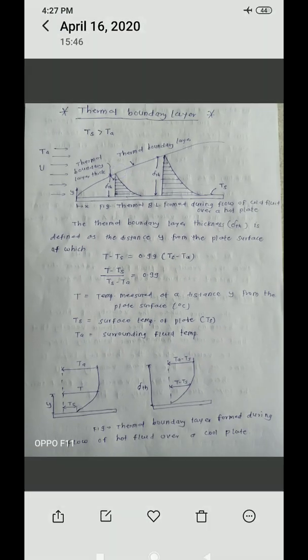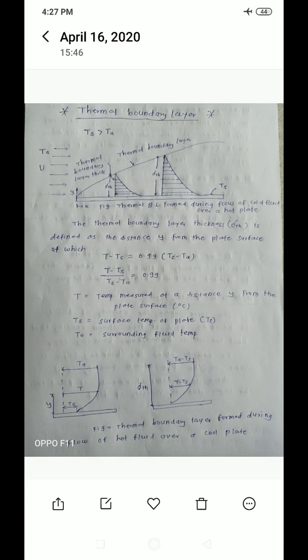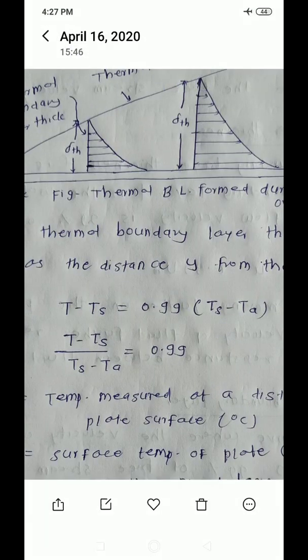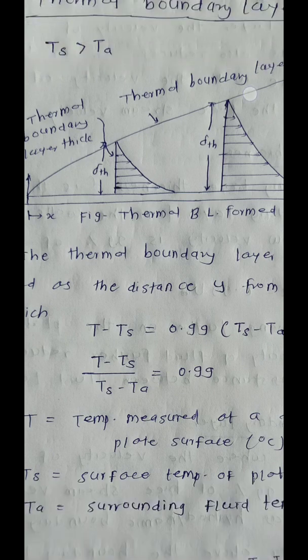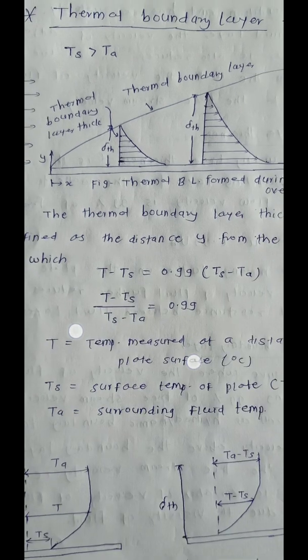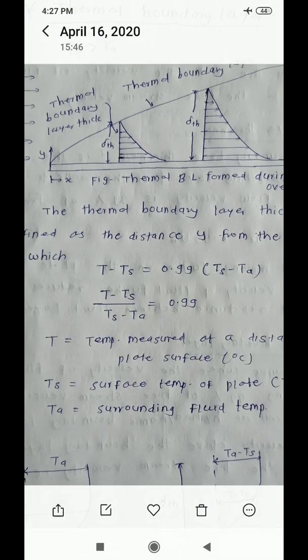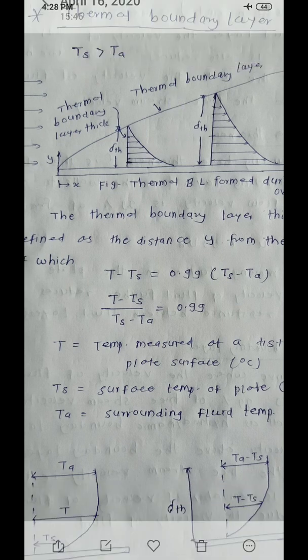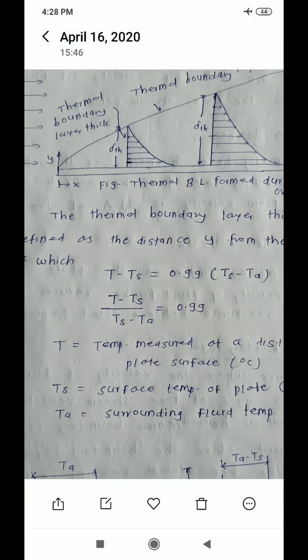and at this point this condition will be satisfied. Any point on this curve satisfies this condition, and that curve is nothing but the thermal boundary layer. Inside this thermal boundary layer there is a variation in temperature.